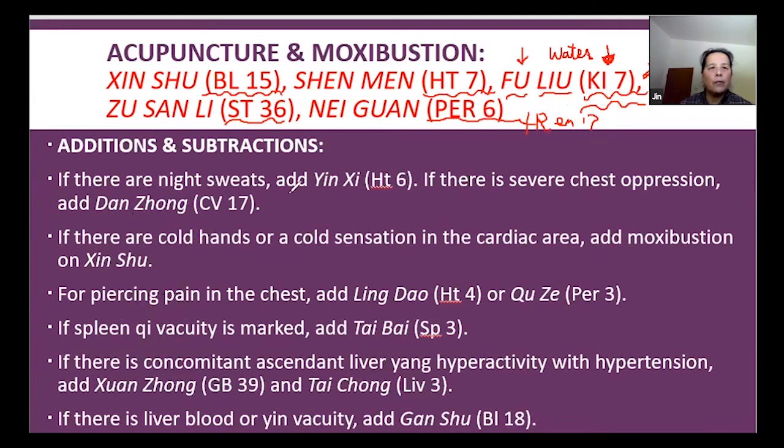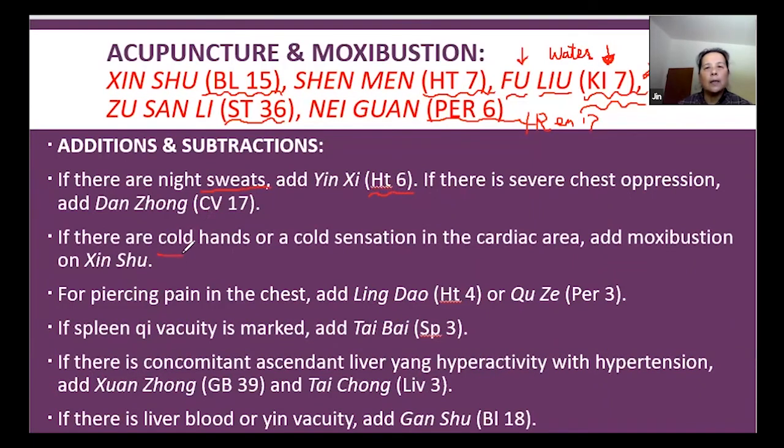For more night sweating, add heart 6, the 郄 point of the heart, which is still a nourishing point. And the chest pain we talked about already, Ren 17.